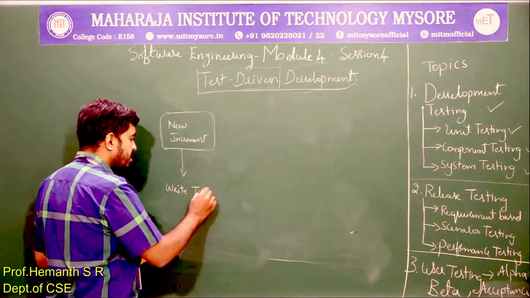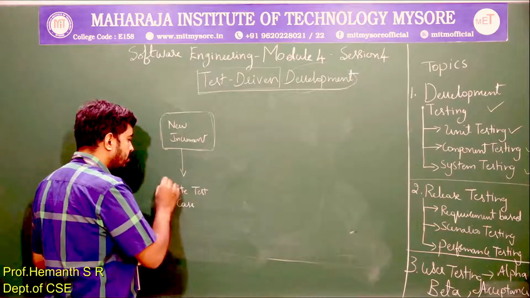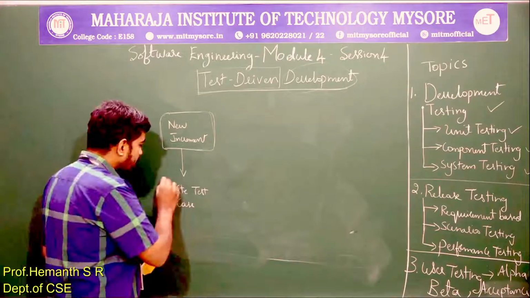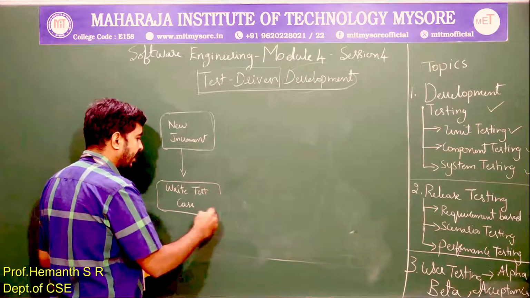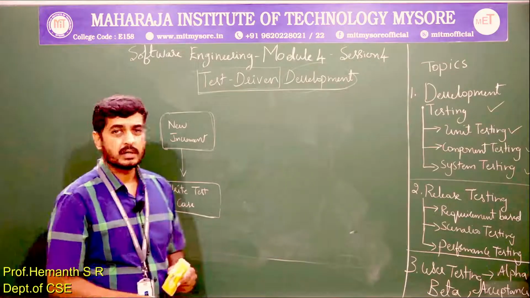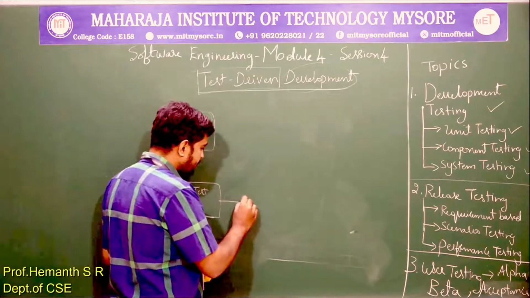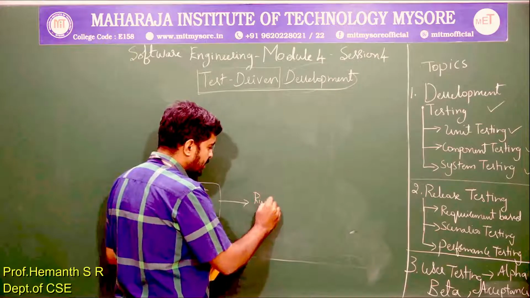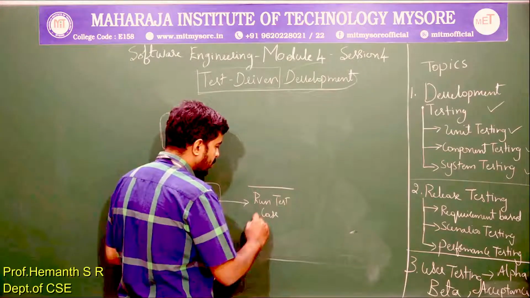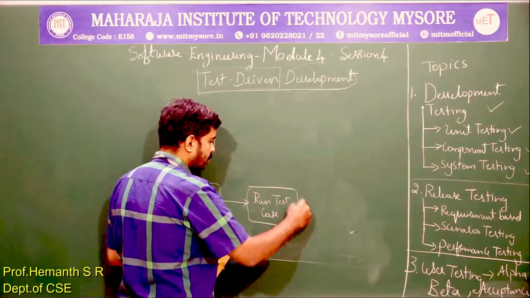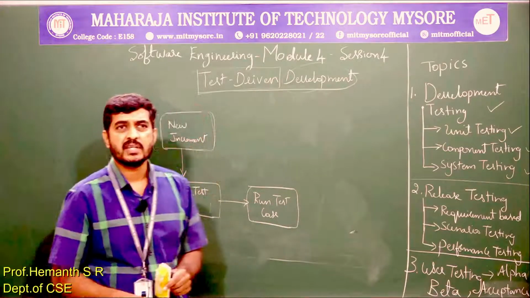Write the test case for the new increment. Once we are done with the test case, it's a rounded rectangle, so it's a notation. After writing the test case, run the test case.